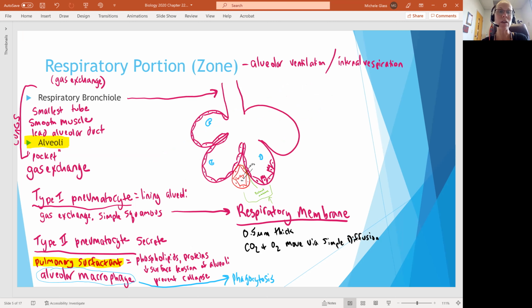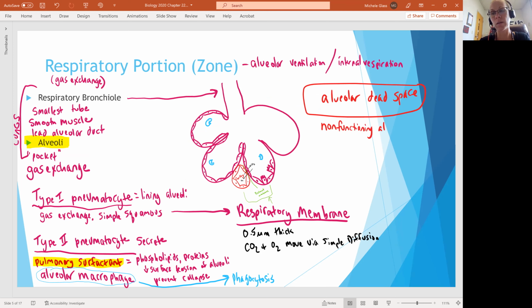When we look at the alveoli, we don't expect to have dead space because this is our respiratory portion, but we will see what's described as alveolar dead space. This is like your alveoli that are non-functioning.